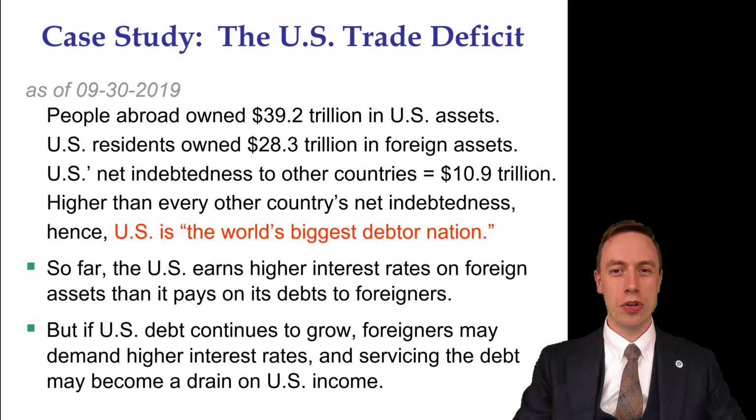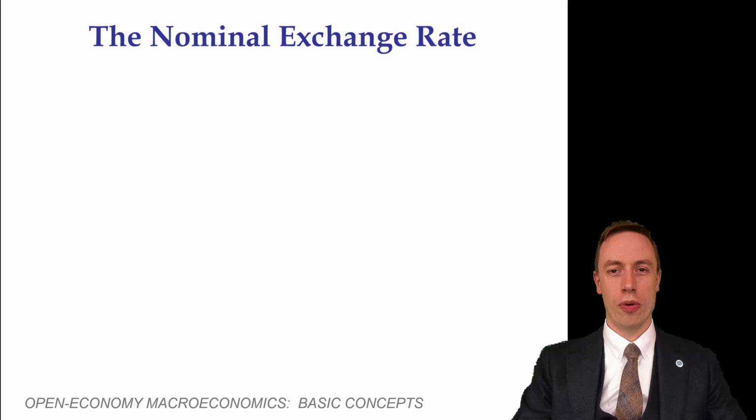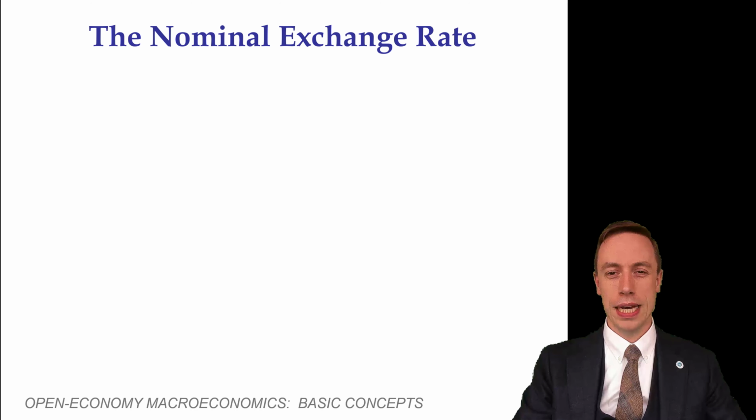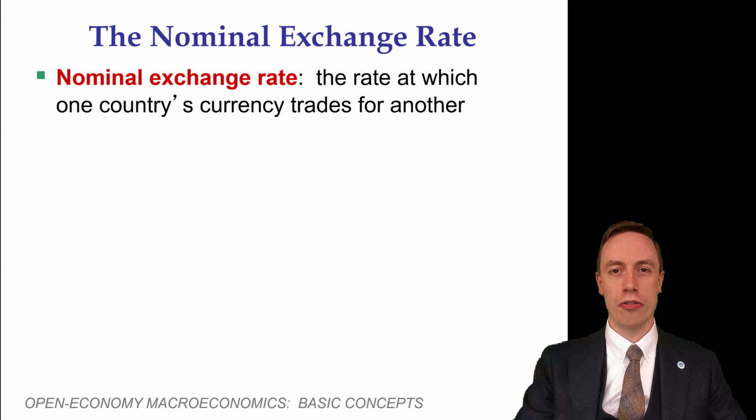Now, this concludes the first part of our lecture, where we're talking about international financial and product flows. We need to talk about something else to prepare ourselves for the next lecture: exchange rates. So we've already talked a little bit that if you are buying a product from abroad, or foreigners buying a US product, they might have to first trade the currency of their country for that of the other country they are trading with.